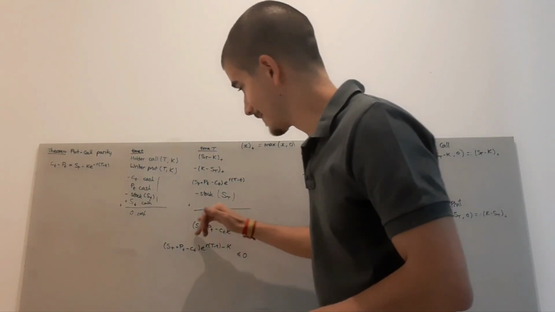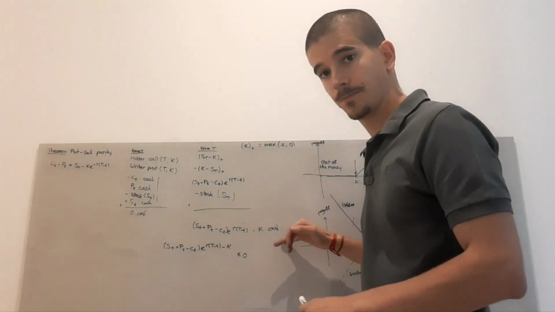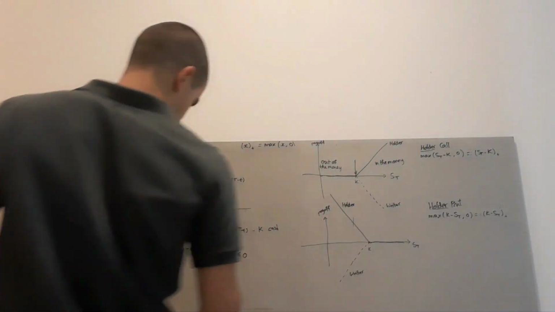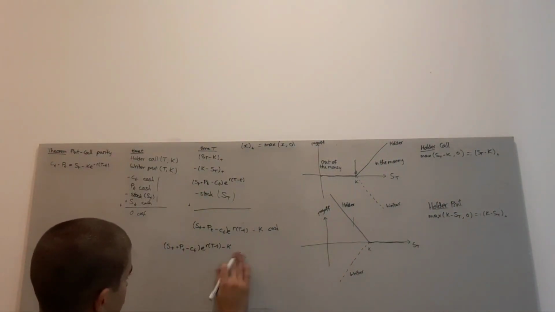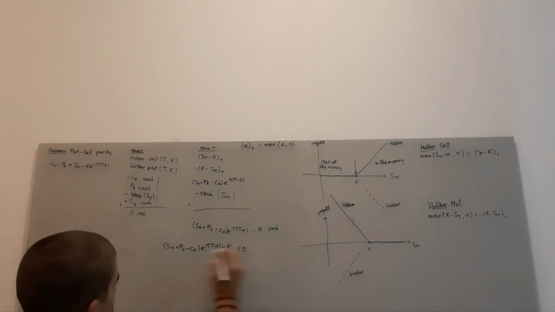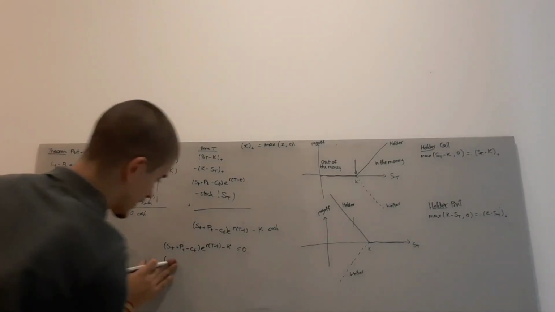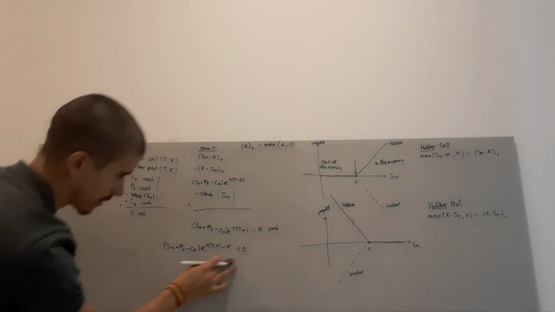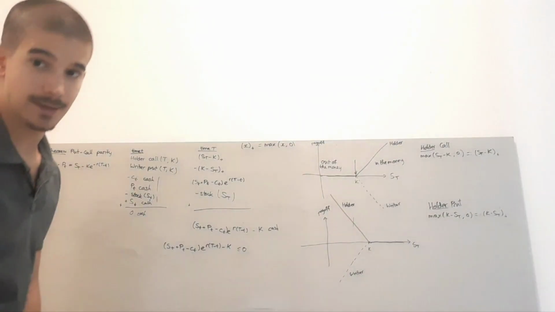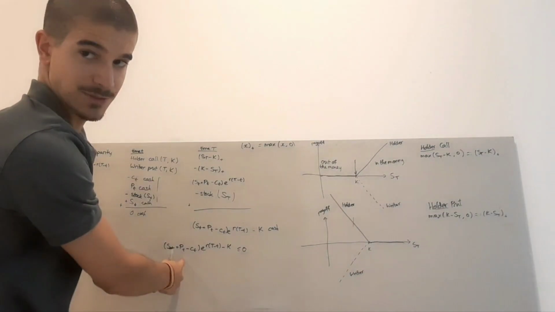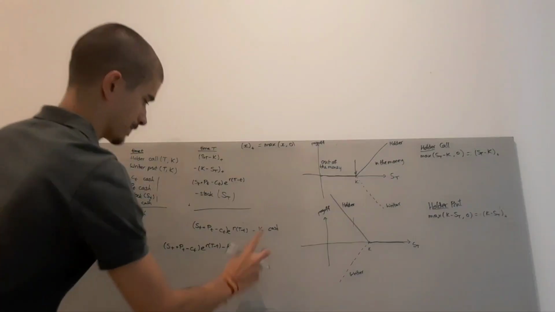So we'll end up with negative this amount. So again, we deduce that the minus of this is more than or equal to 0, which means that this thing here has to be equal to 0.